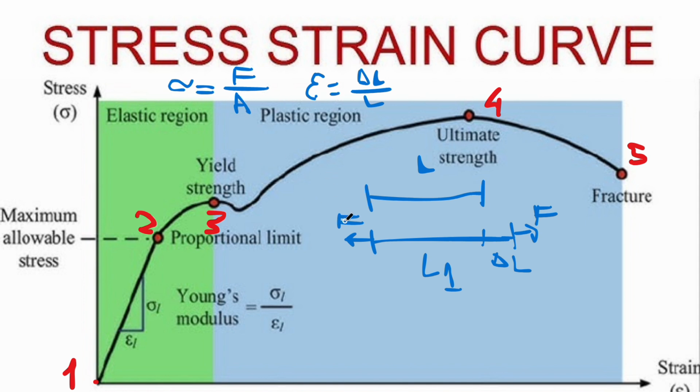When I apply the force on both sides, the cross-section of this steel stick has an area A, for example a diameter of 6 millimeters.